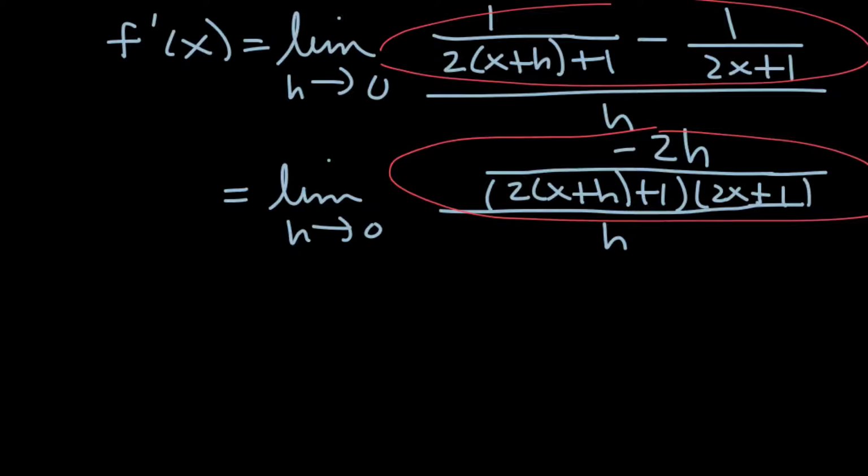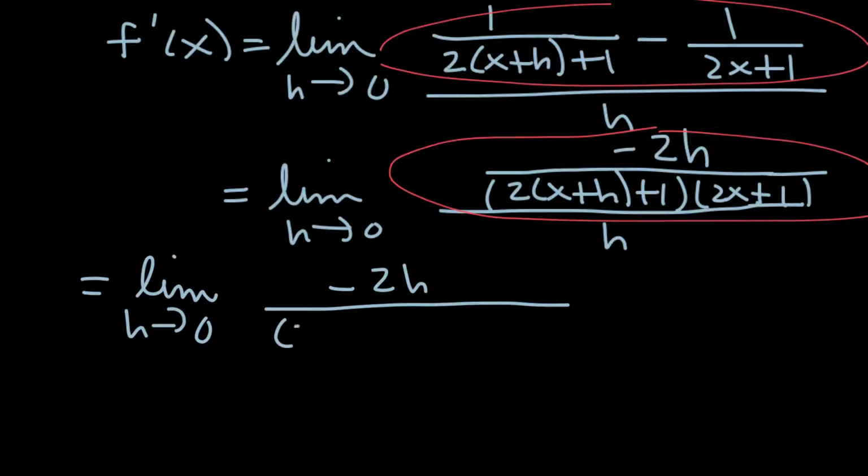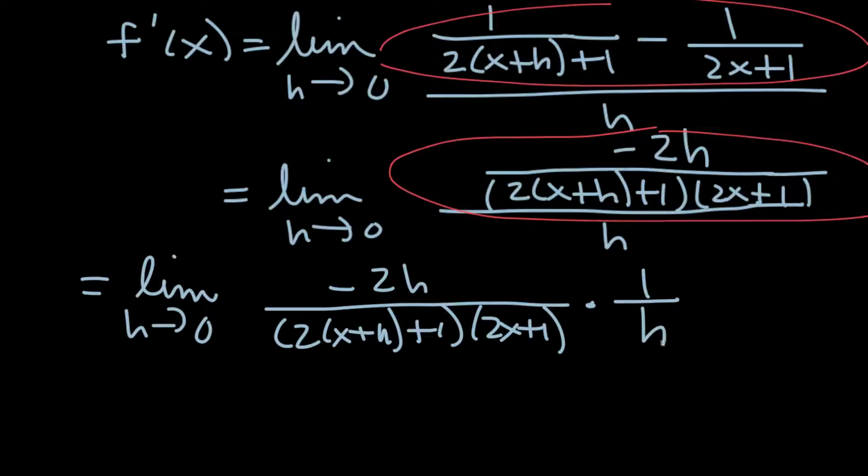So let's do that. Here we get the limit as h goes to 0, minus 2h over 2 times x plus h plus 1 times 2x plus 1, and now times 1 over h. Dividing by h is the same as multiplying by 1 over h.